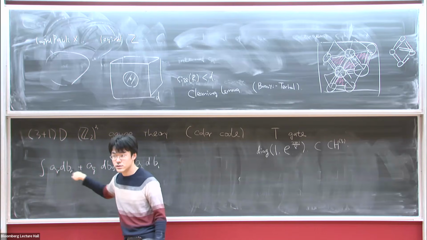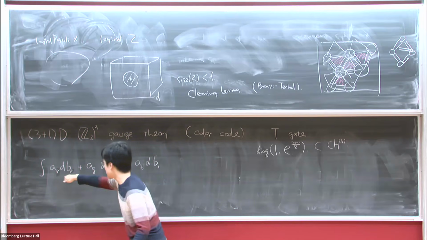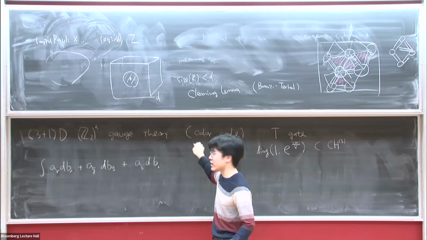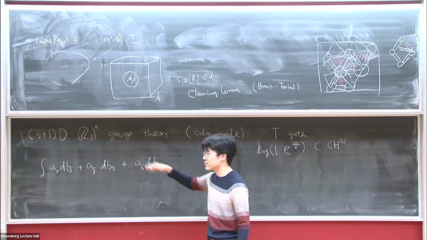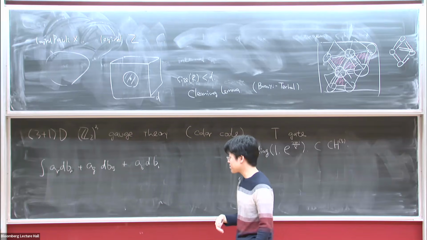There are three gauge fields, which I denote as A_R, A_G, and A_B, because it's a color code. Sometimes people label this Z2 cubed in terms of the colors RGB.